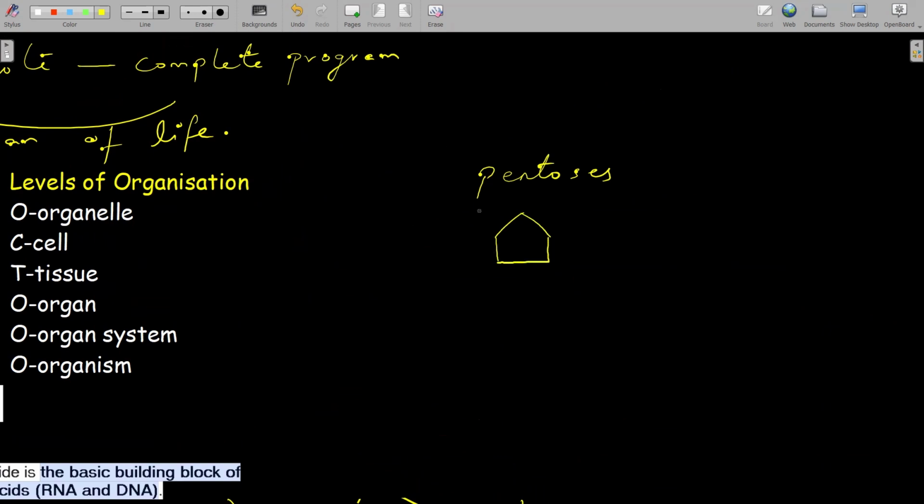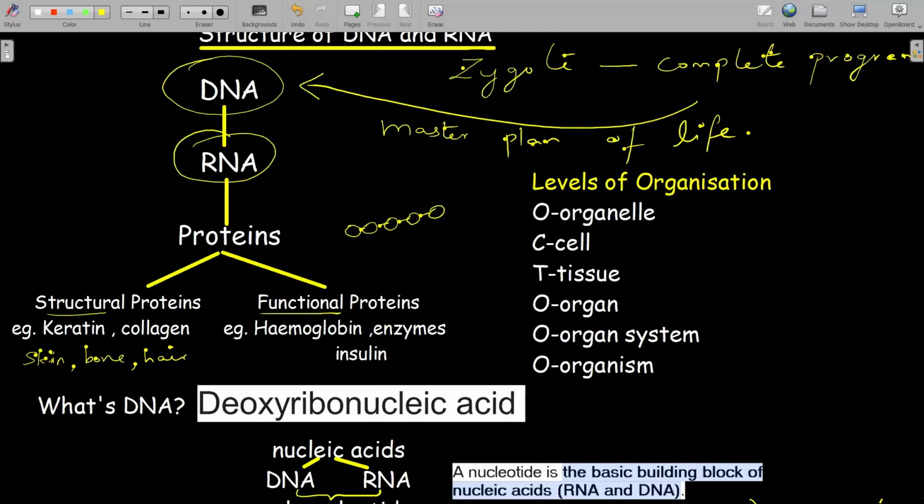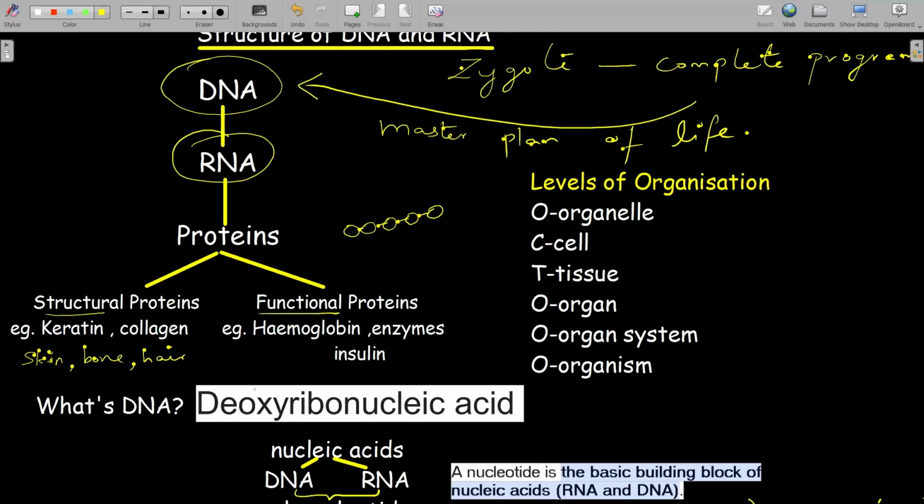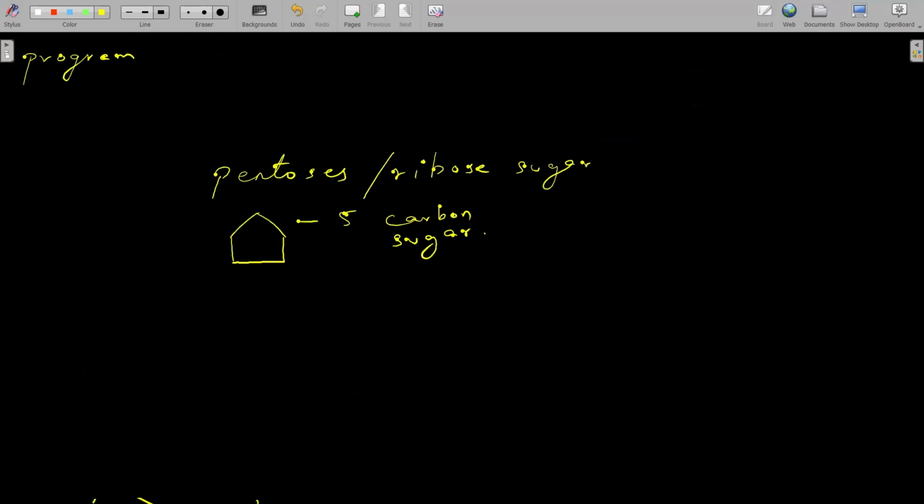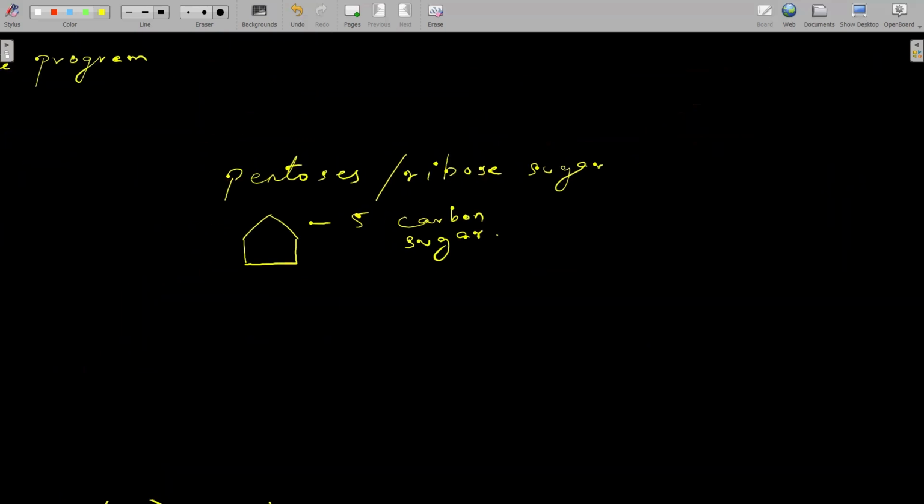They are carbon rings made up of a 5 carbon sugar, therefore they are called pentoses. Specifically, the pentose that we are talking about is the ribose sugar. DNA has deoxyribose. So that ribose sugar is nothing but this carbon ring.